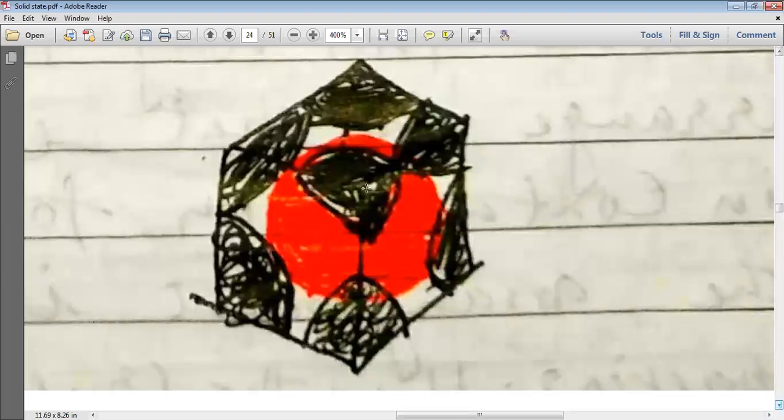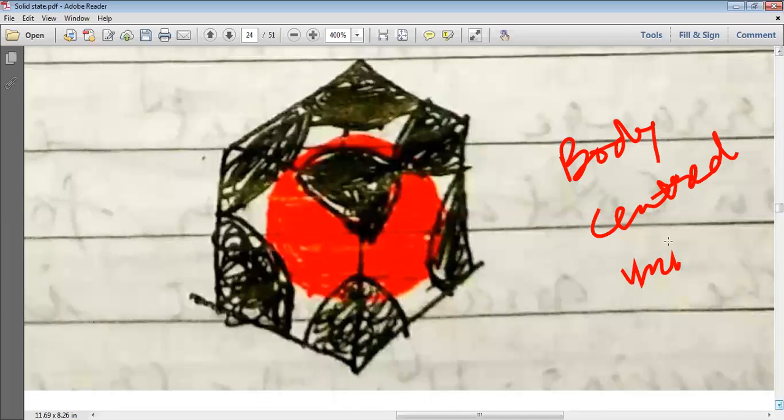Yes, sir. So now you can see this is the body-centered unit cell, and in this body-centered unit cell, my dear students, you can see that there is one particle present exactly at the center of the unit cell, and you can see these 8 corners, 1, 2, 3, 4, 5, 6, 7, and 1 is actually here that we cannot see.